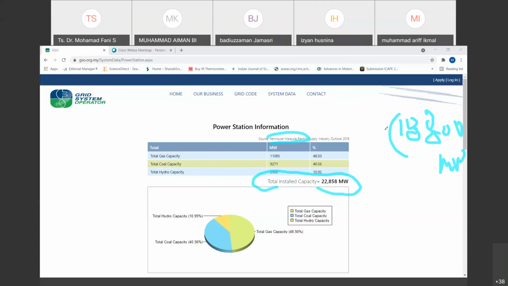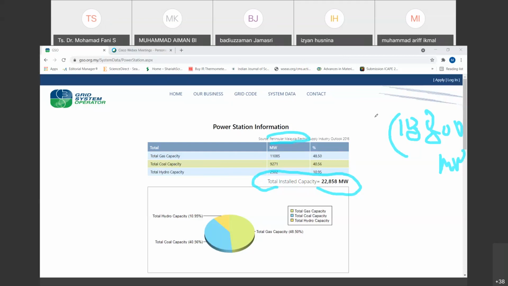So when the consumer, for example from the commercial sector or from industry, uses a very huge amount of electricity or capacity load, okay.